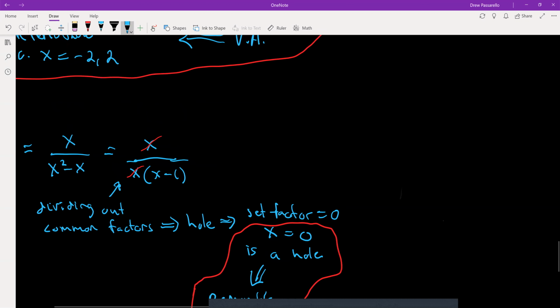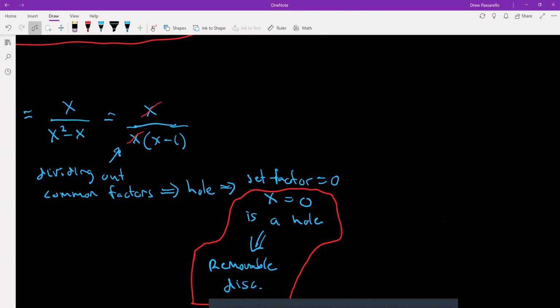Now, after I've canceled out the common factors, that leaves me with 1 over x minus 1. From here, I can determine there's a vertical asymptote because I can't divide by 0.